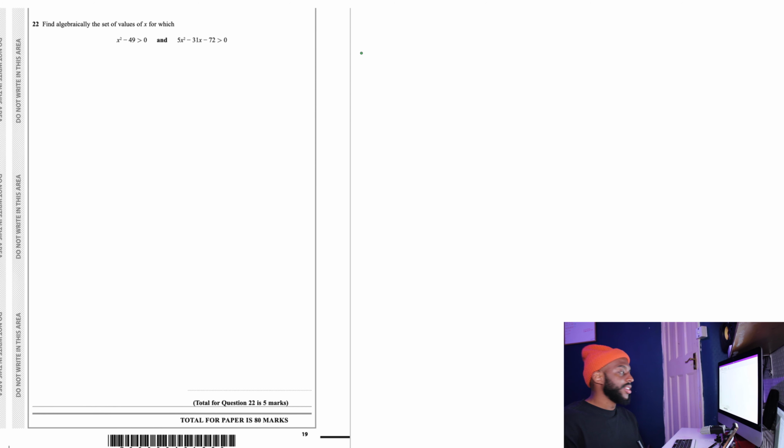Quadratic inequalities. So let's have a look at this. The first part is going to be a difference of 2 squares. So we can solve that quite quickly. x plus 7, x minus 7 is more than 0. Well, x is going to equal minus 7 and x is going to equal 7. Let's draw a quick sketch of what the graph would look like.